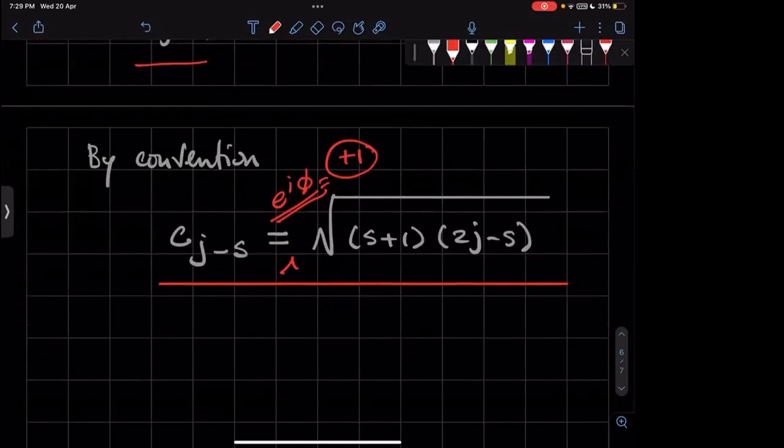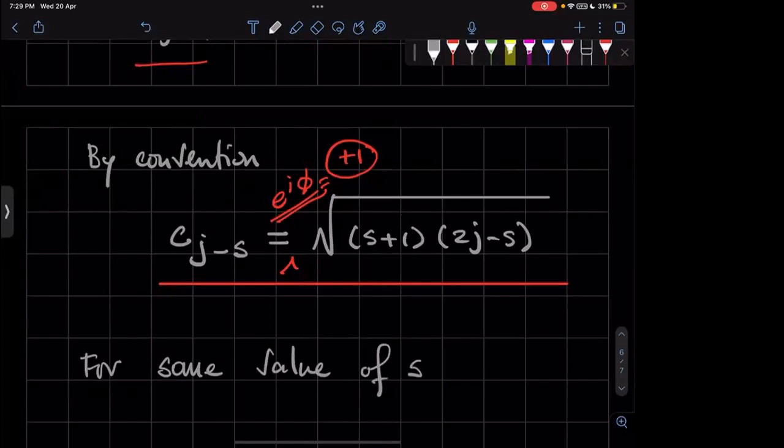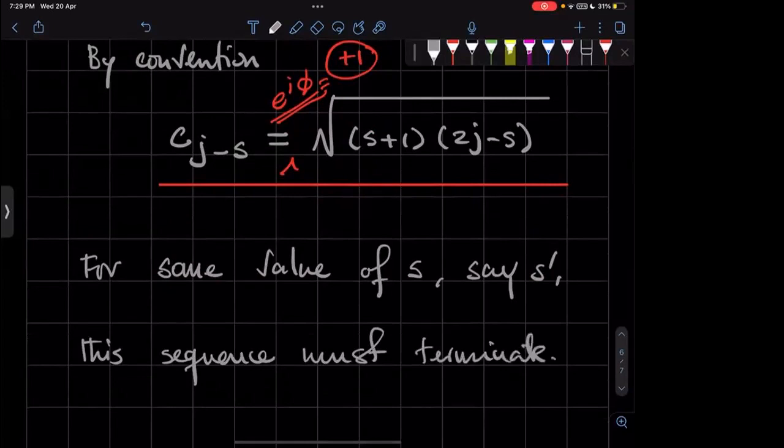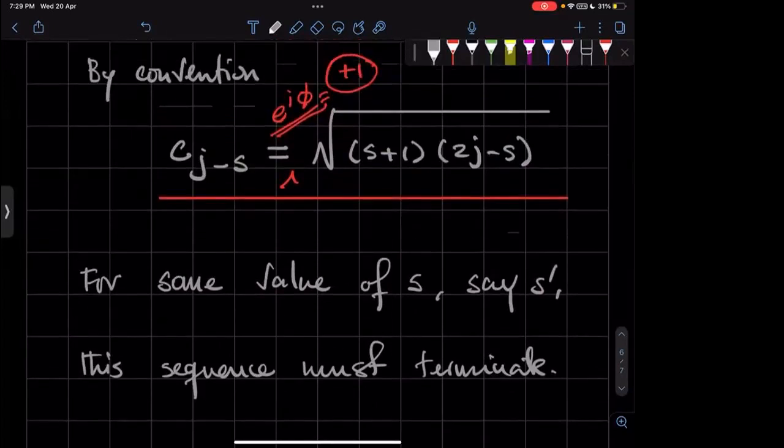So for some value of S, say S prime, this sequence must terminate. Okay. So when can that happen?